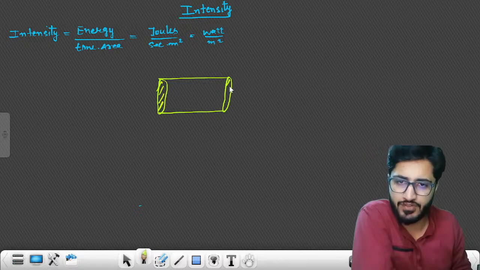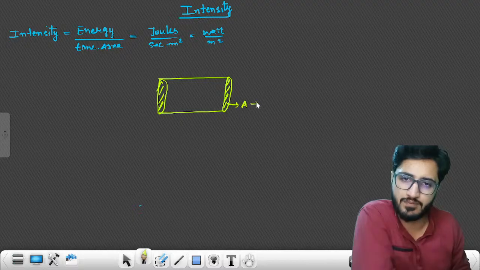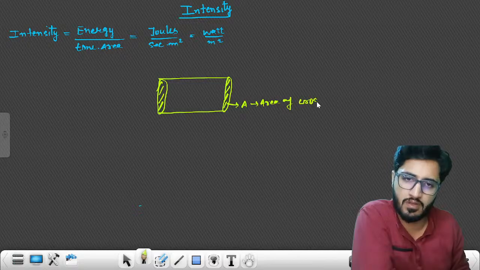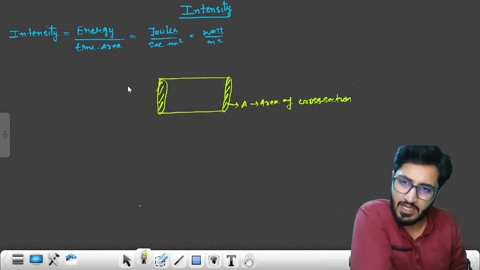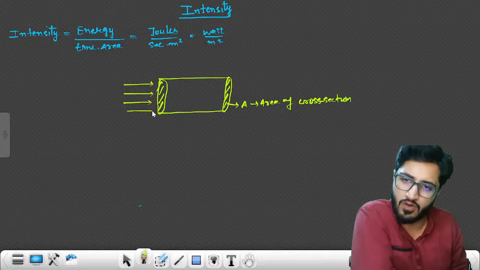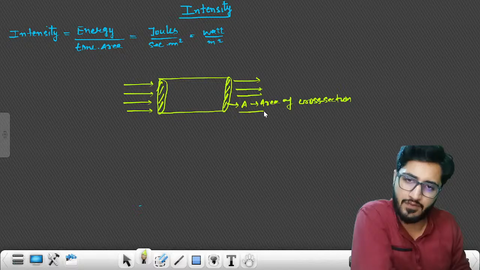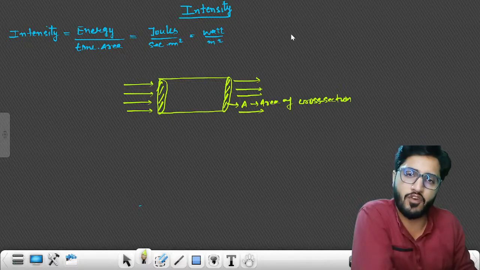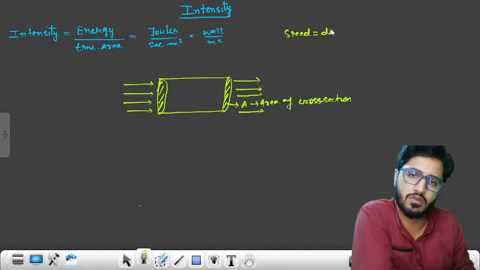Area of cross section is A. Light is entering through this section, as we all know, and light will leave. Do you know one formula that speed equals distance per unit time?